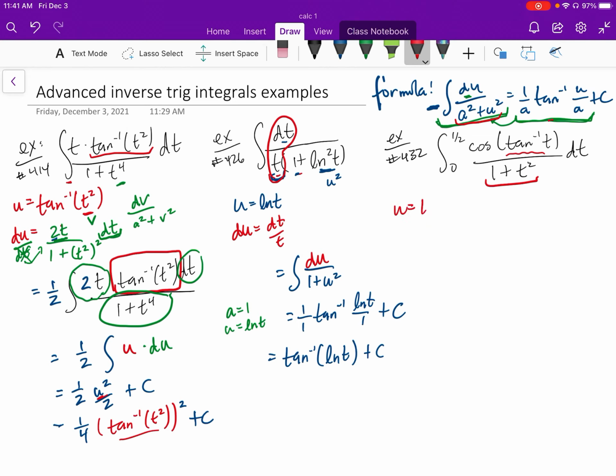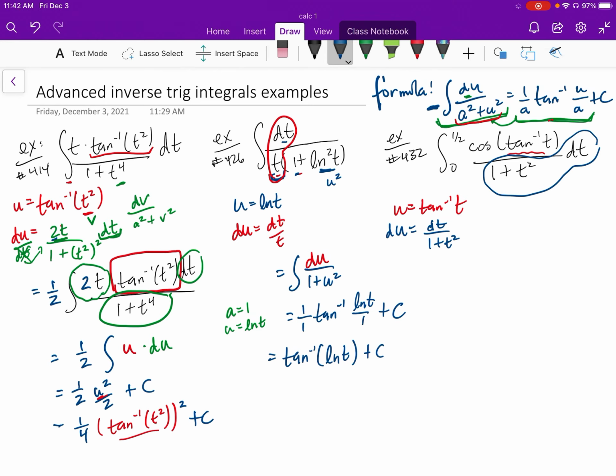If u is tan inverse of t, then my du is dt over 1 plus t squared, which is here. There's du.